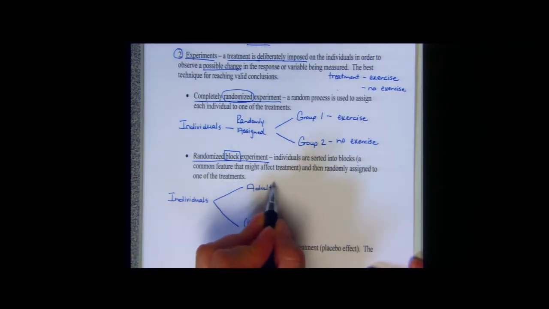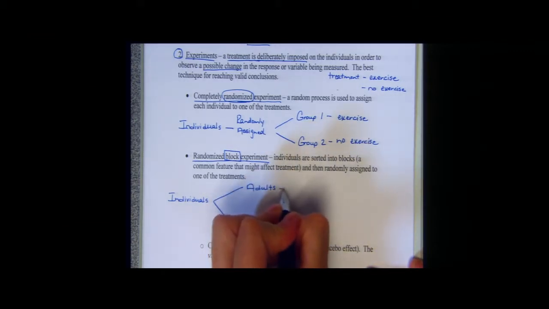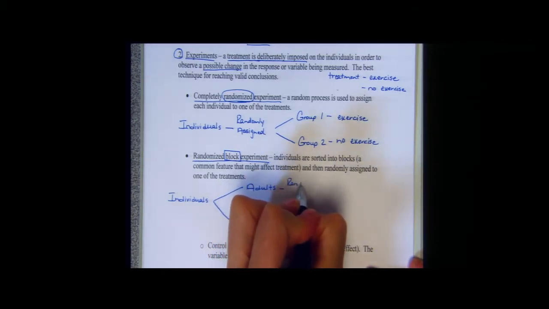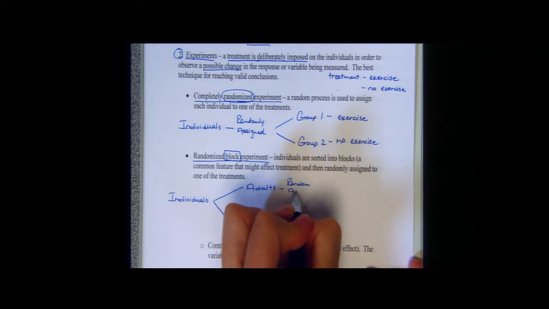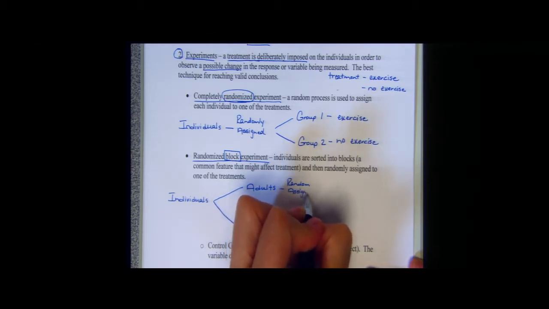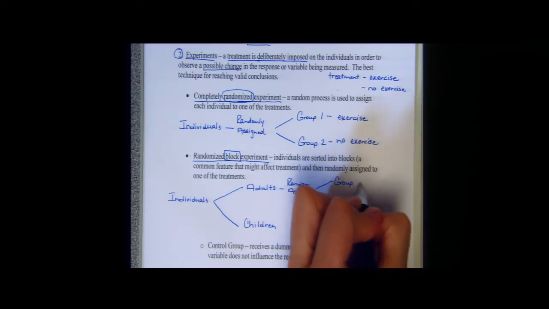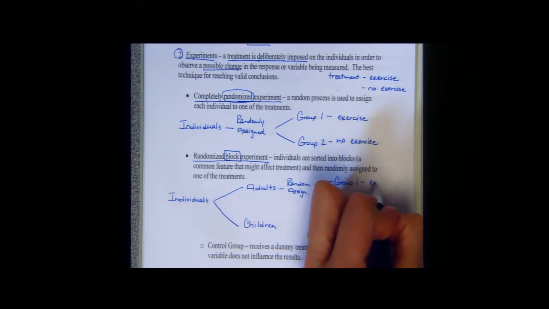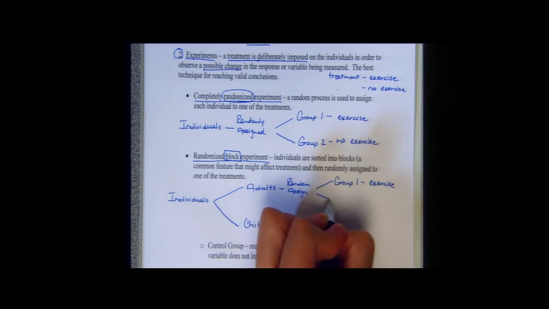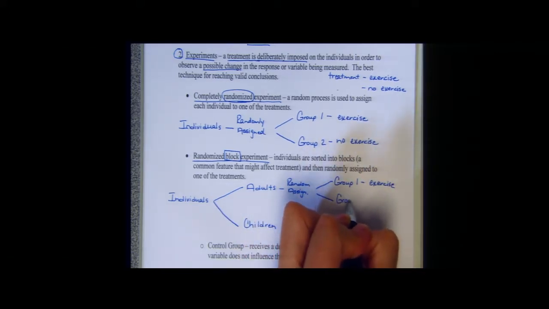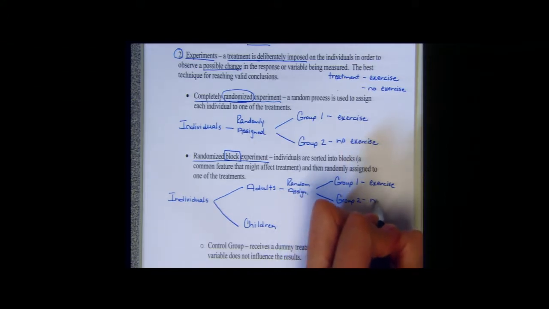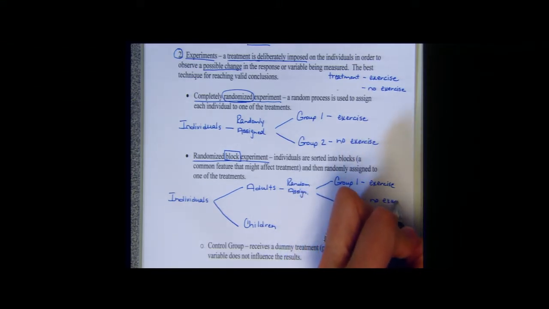Then you would take the adults and you would do a random assignment into group 1 that would partake in exercise, and then group 2 where there would be no exercise.